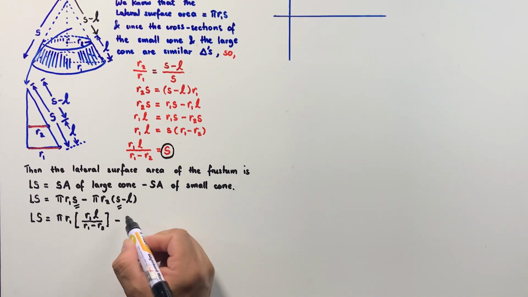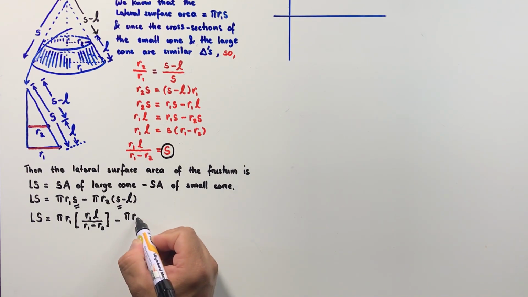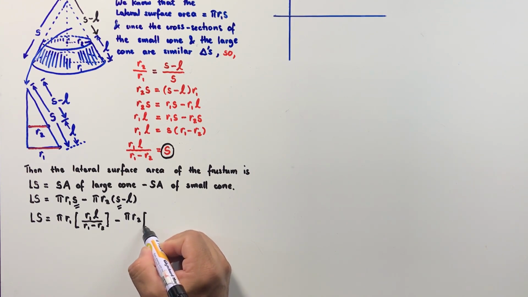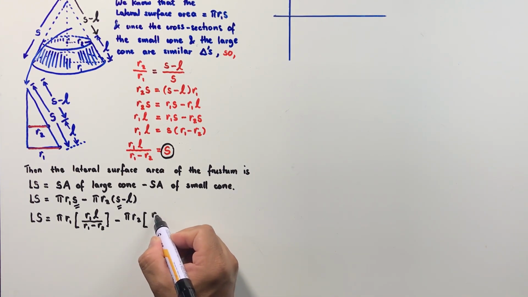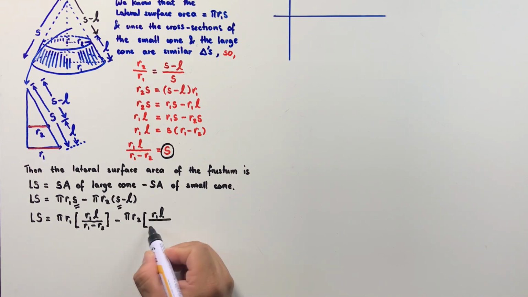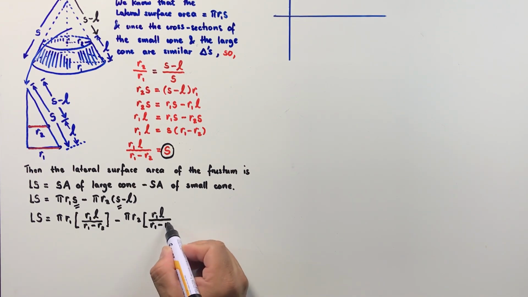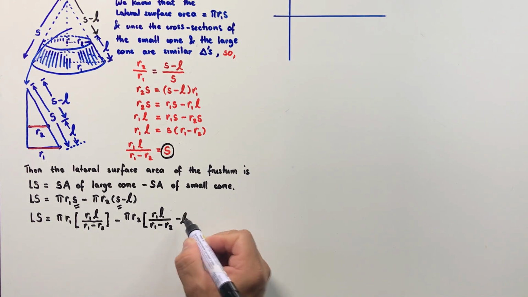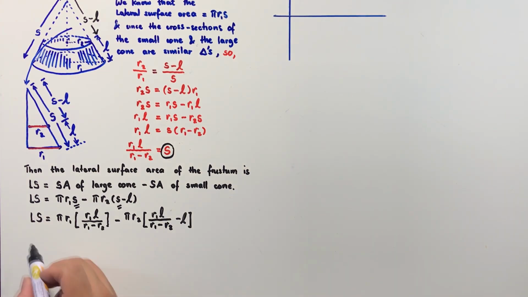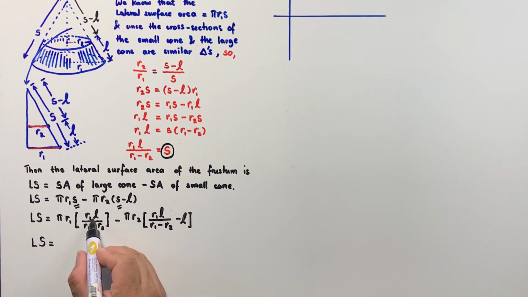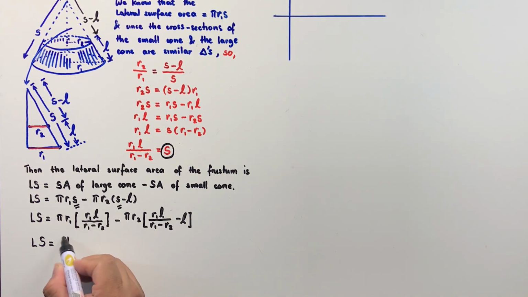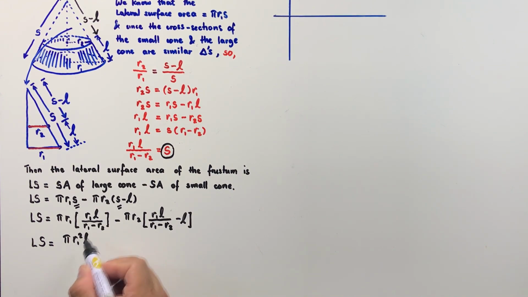And this will be subtracted by pi r sub 2 times our s again, which is r sub 1 L divided by r sub 1 minus r sub 2 minus L here. And then we can multiply this pi r sub 1 to this r sub 1 L, and the product is pi r sub 1 squared L. And this will be divided by r sub 1 minus r sub 2.